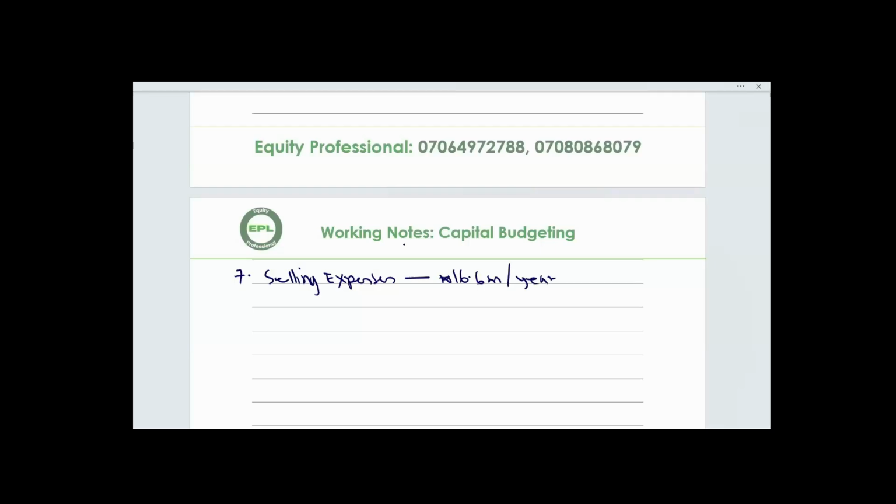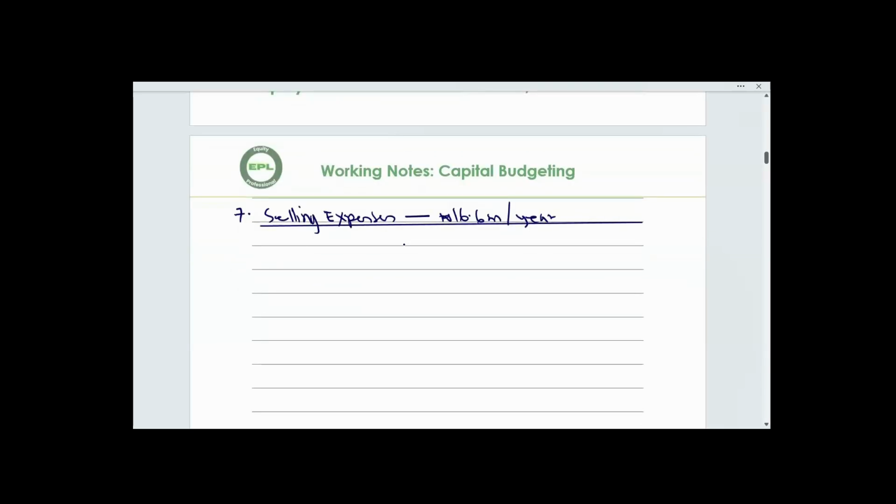So we need to do working for this. We inflate with 5%. So we do for year 1, 2, 3, and then year 4, selling expenses at inflation rate of 5%.